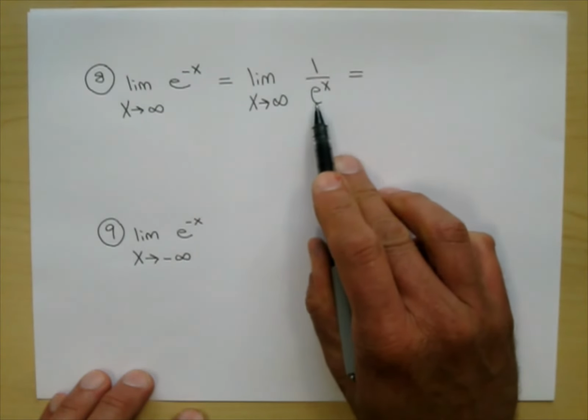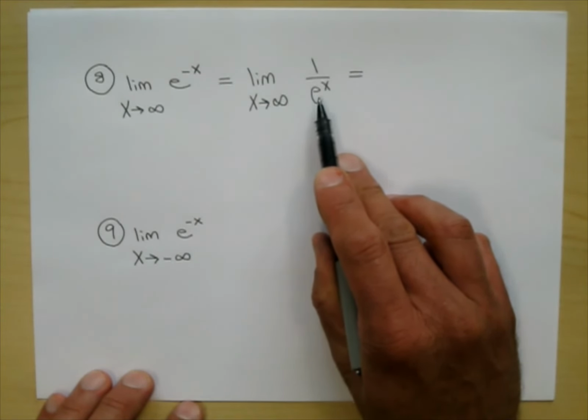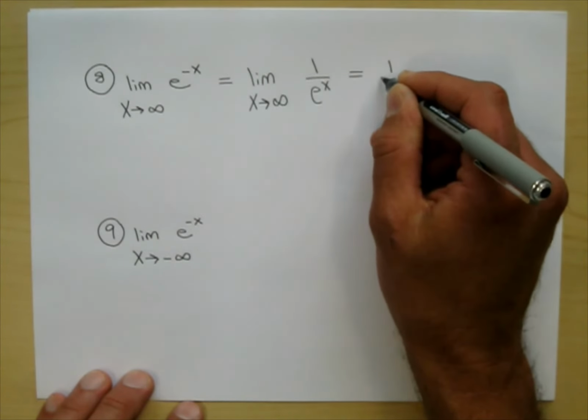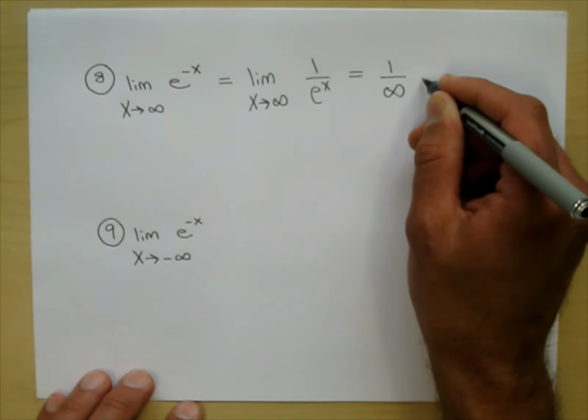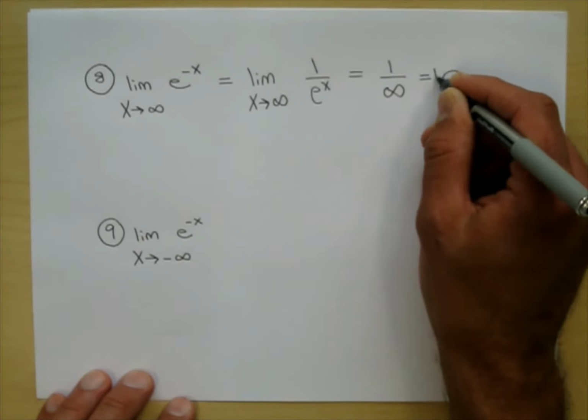Okay, so I'll do some of the arithmetic sort of in my head. What is e raised to the infinity power? Well, e raised to the infinity power is going to be infinity. So this is going to be 1 over infinity, and 1 over infinity, once again, the infinity arithmetic tells us 0.